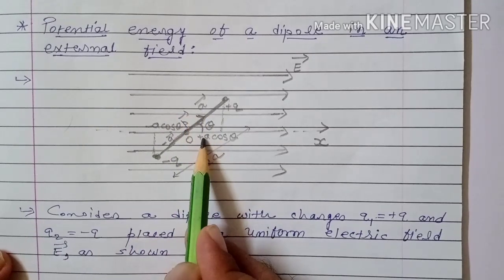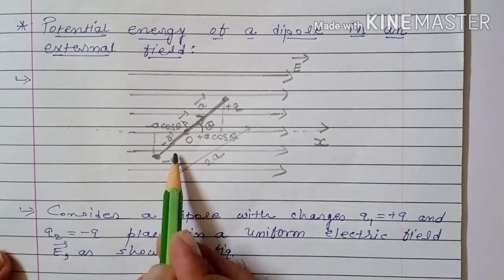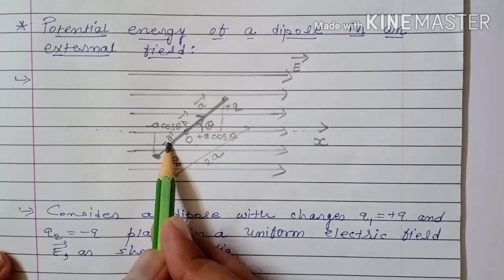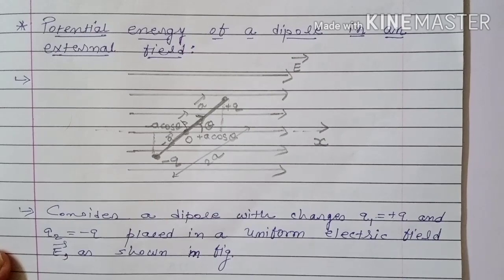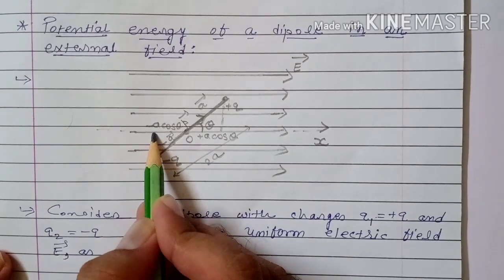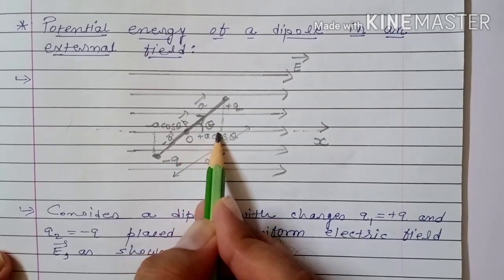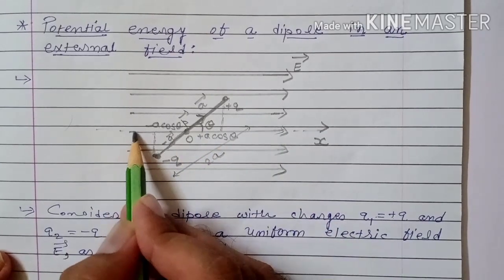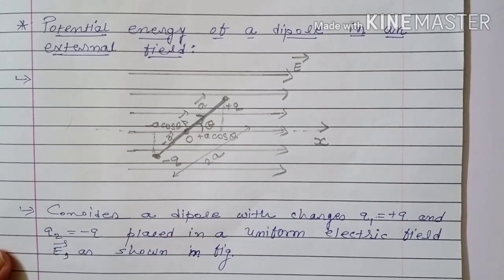The component of a adjacent to theta is plus a cos theta, and the component of minus a adjacent to theta is minus a cos theta. This thing we are going to use later on in this theory, plus a cos theta and minus a cos theta.